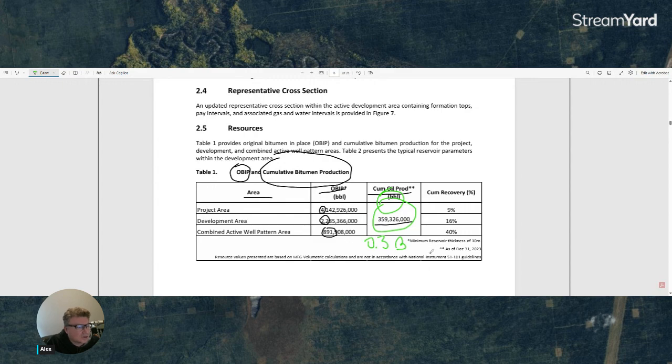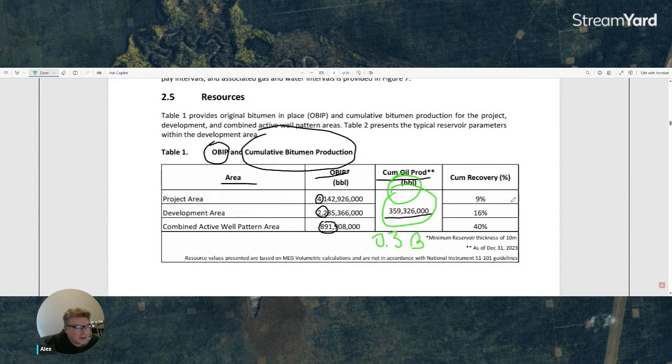But look at this. The cumulative recovery factor on the asset is only 9%. Only 9%. From the development area it is 16%. And from the combined active well pattern it is 40% as of this date. So they have at least another 10 years to go from the current combined active well pattern area as they continue introducing more pads and increasing that value over time.